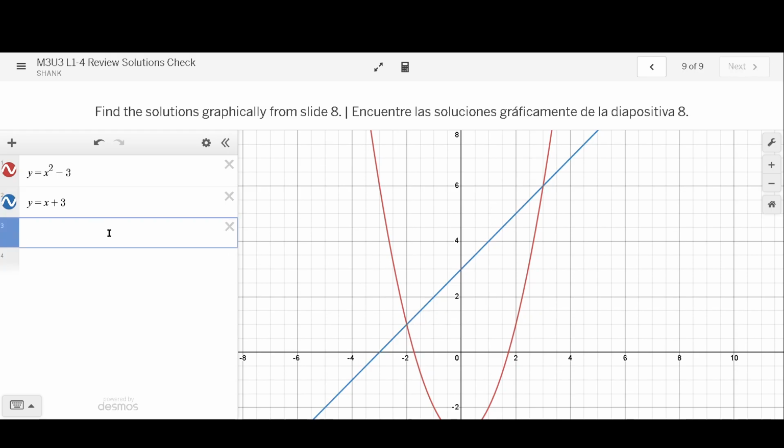So I'm going to say -2, 1. And then I have, what is that, 3, 6, I think? Yeah. So I'm going to label that as our solution points. So make sure that you could have 1 point, you could have 2 points, you could have 0 points, you could have infinitely many points, but you have to make sure that you're seeing how many times those hit.